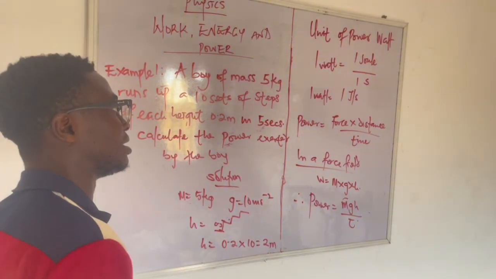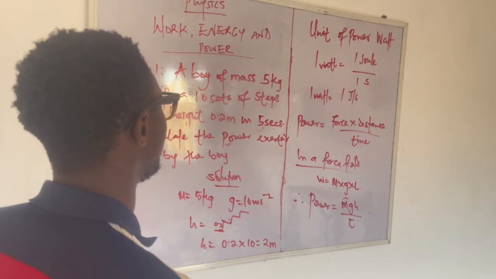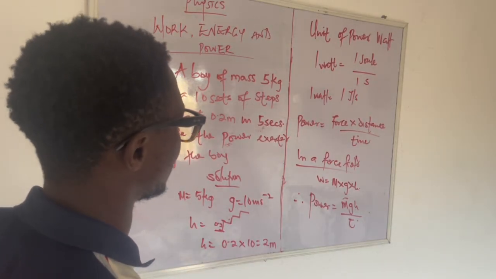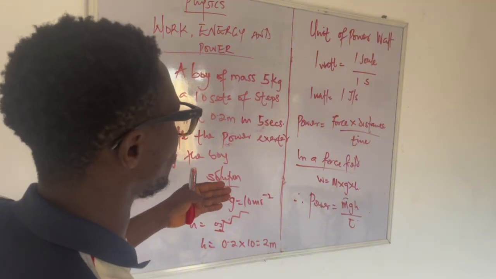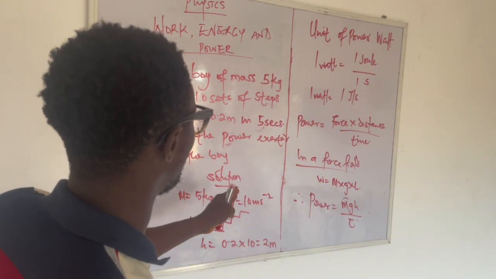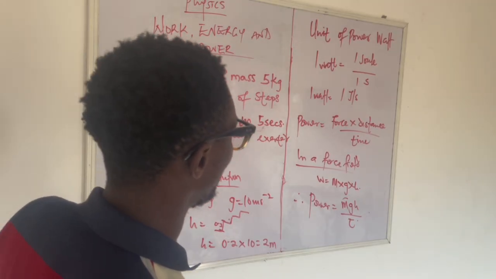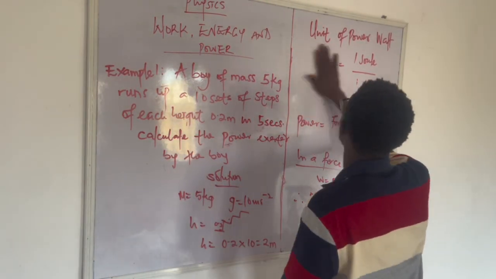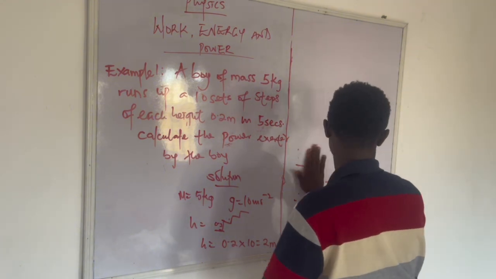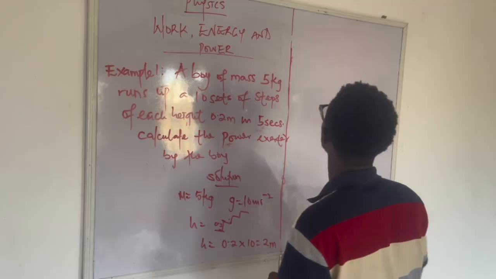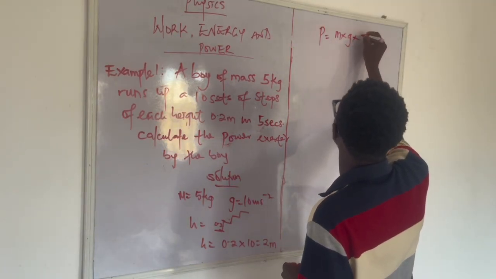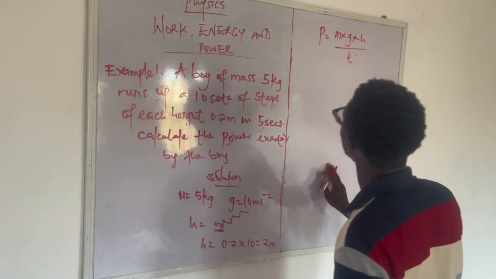That's not the final answer. We'll calculate the power directly; we don't need to calculate the work done separately. Power equals mgh over time, mass times gravity times height over time.